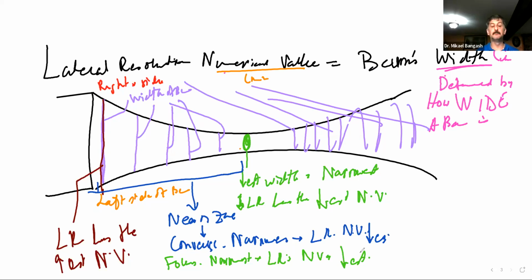Did that make sense? So over the whole course of the beam, the point where the lateral resolution has the lowest numerical value is the point where the beam is at its narrowest, or at its lowest width.